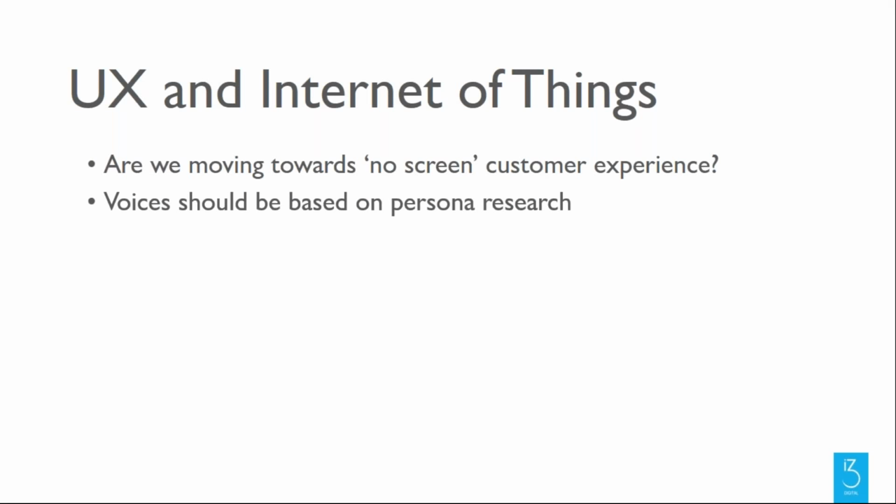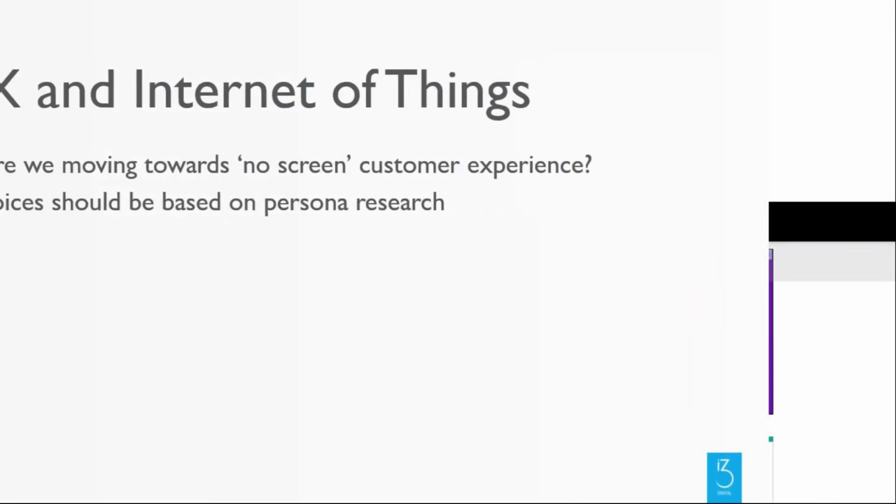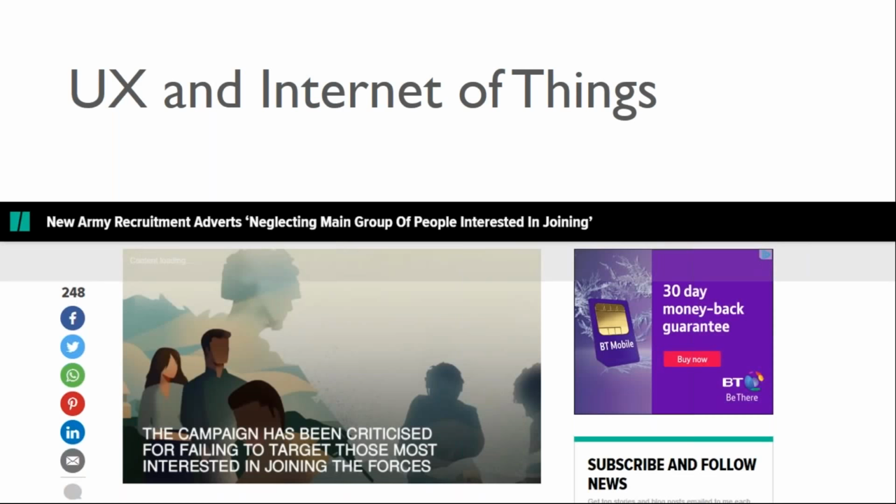So the voices should be based on persona research. And as I mentioned, the voice user interface comes with a lot of research, exactly how we currently do our UX process. You're looking at the people that you're actually designing for, your demographics, and these voices that we choose.